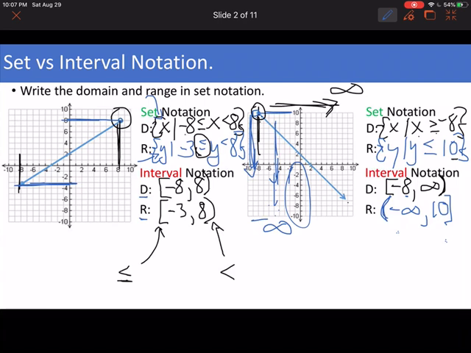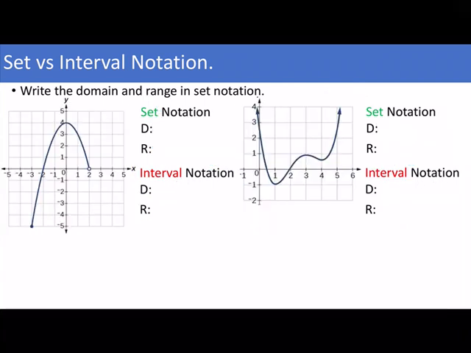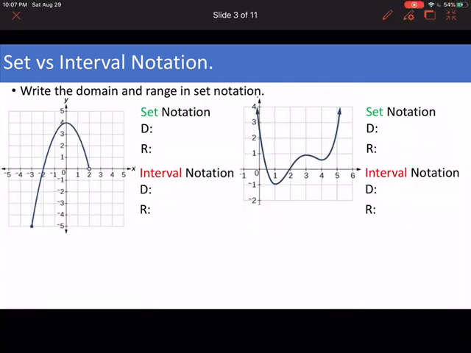All right, let's try a couple more. Set notation. Again, we're going from here to here along the x. x such that it is between, negative 3 less than or equal to x, less than 2. Again, it was open.